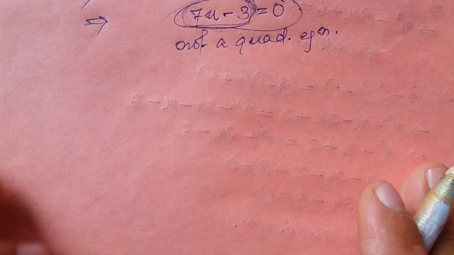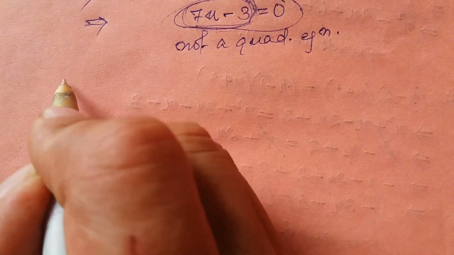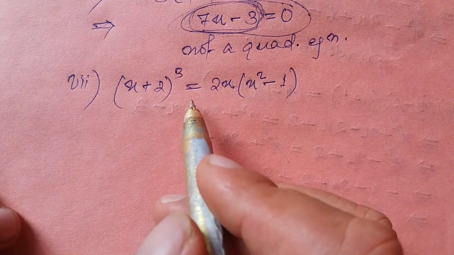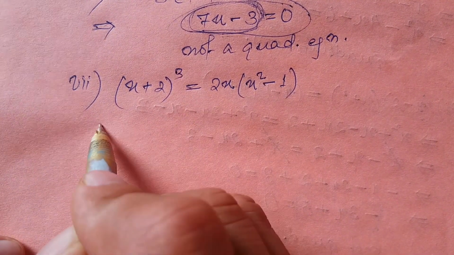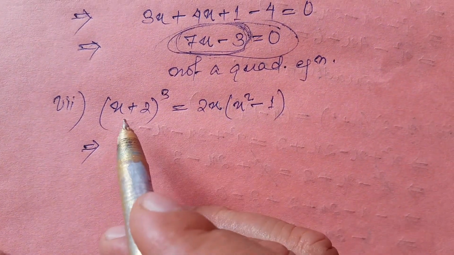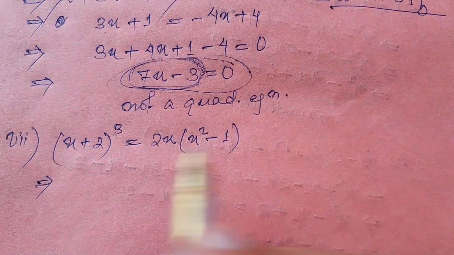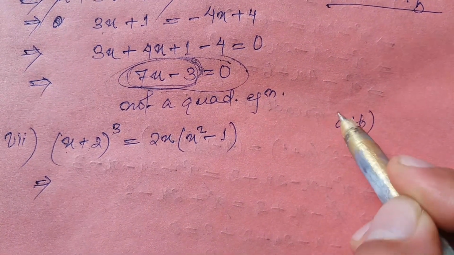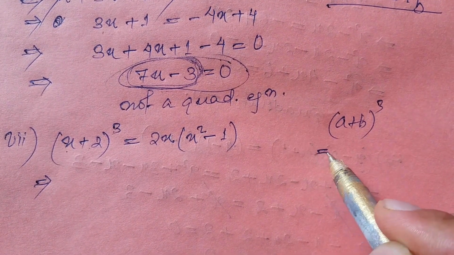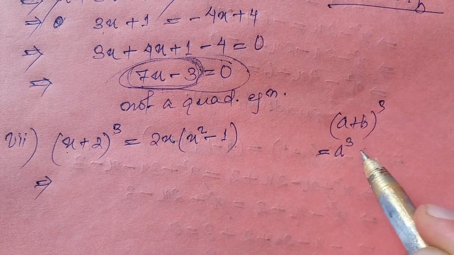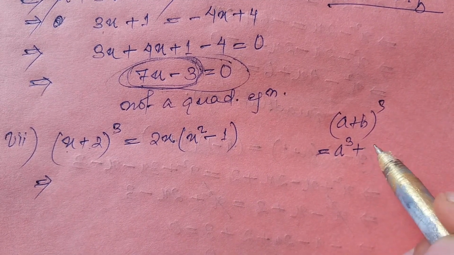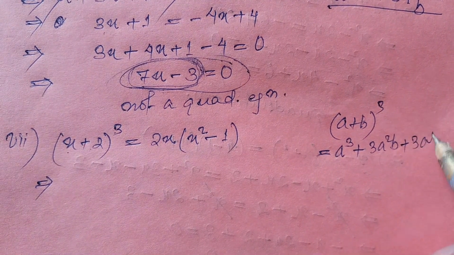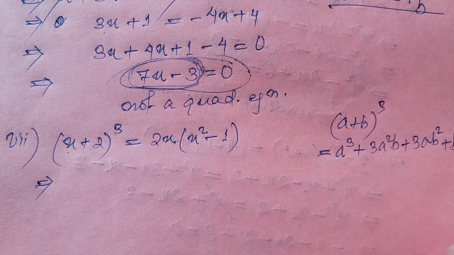Now 7. Now let's see whether this is a quadratic equation or not. Now we have here a plus b whole cube. For a plus b whole cube, we have here a formula which you have learned in lower classes: a cube plus thrice a square b plus thrice a b square plus b cube.